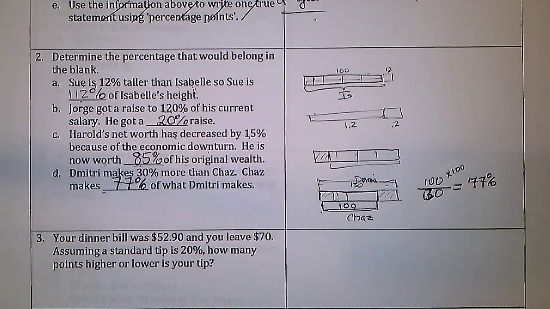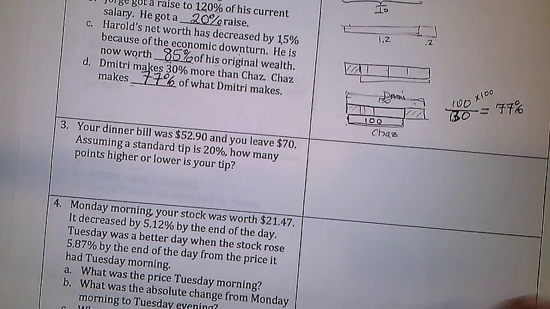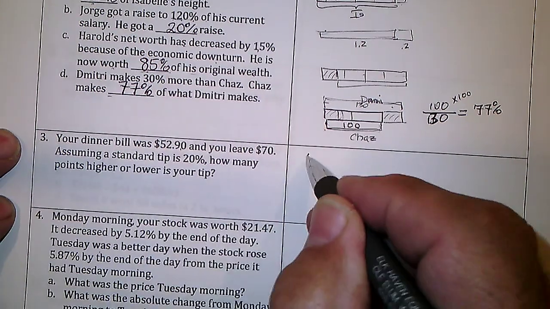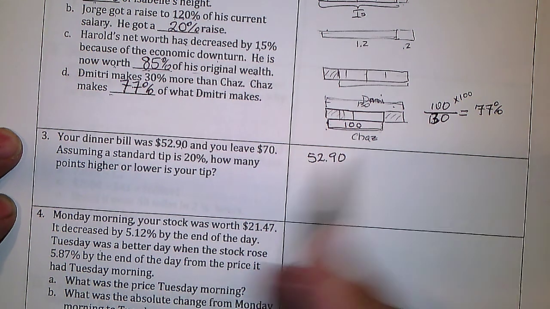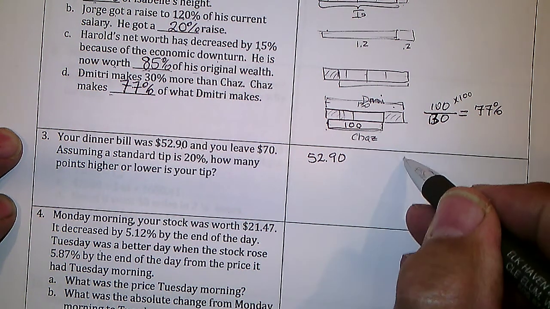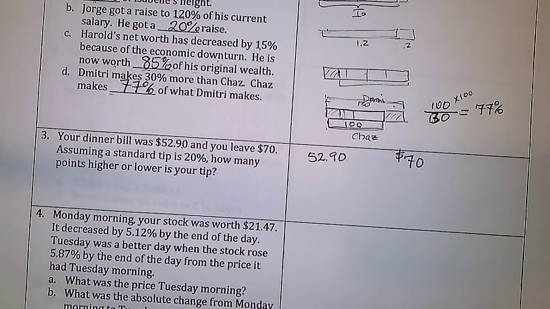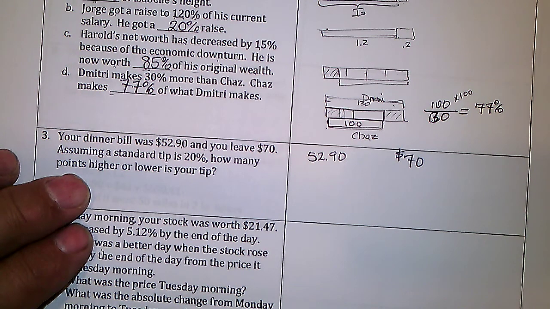Okay? Your dinner bill is $52.90. You leave $70, or $70 to pay for the meal. Standard tip amount is 20%.